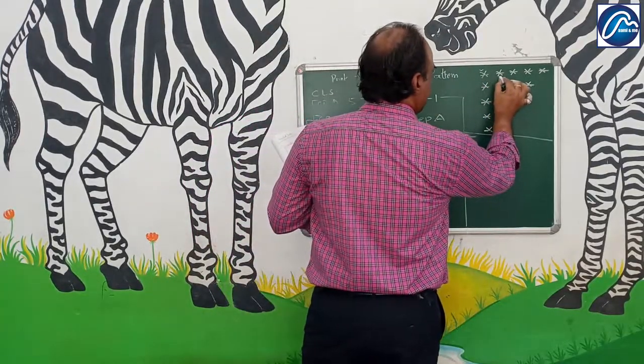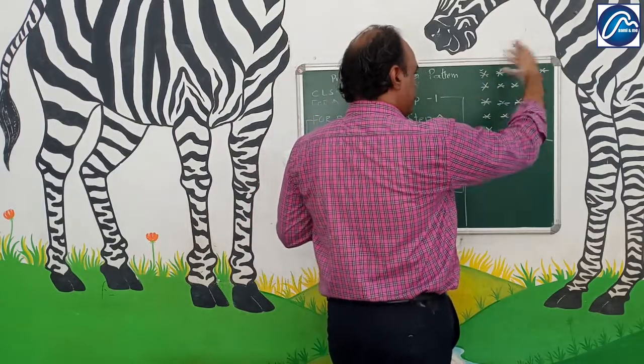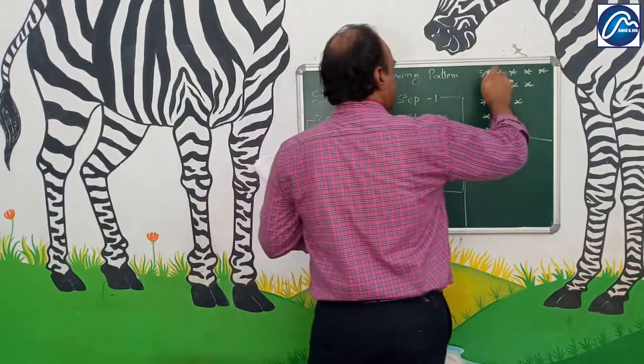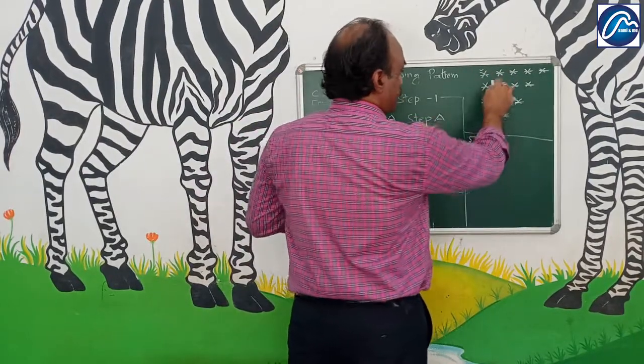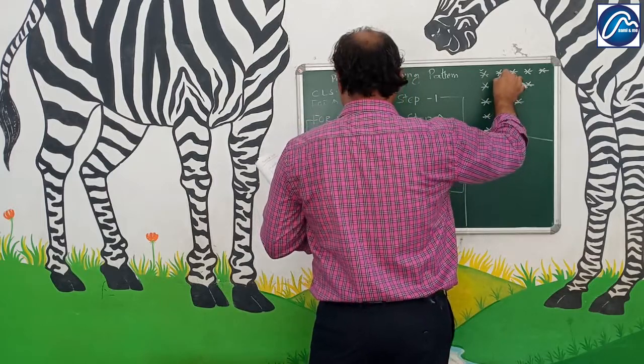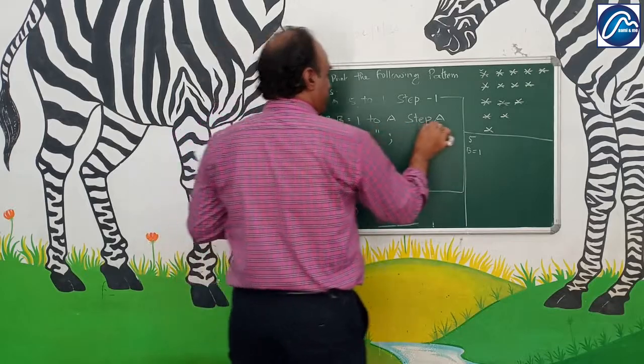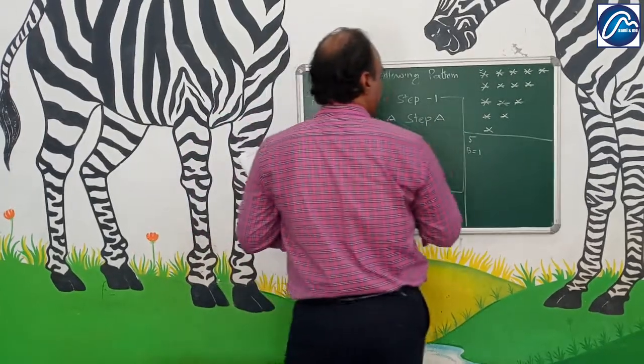Cursor will remain in the same line. Next. It will come to next B. What is the value of B here? Step A. What is the value of A here?